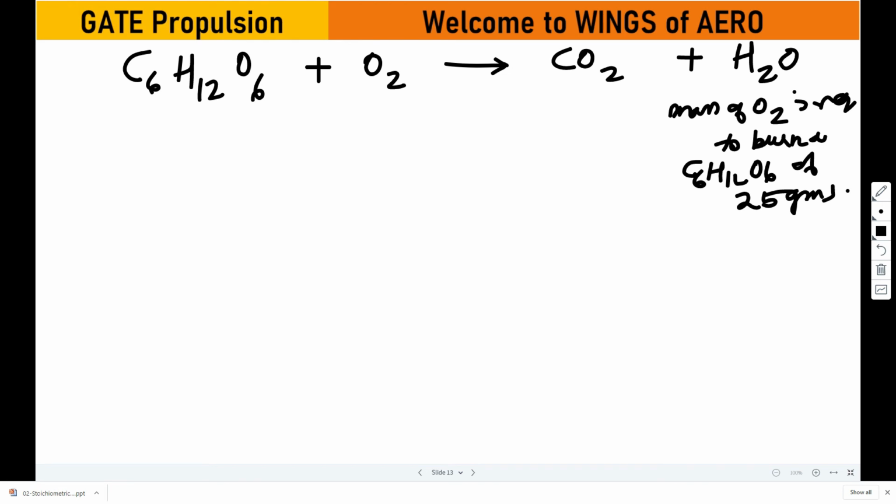That means how much O2 is required to burn when this C6H12O6 weighs around 25 grams.